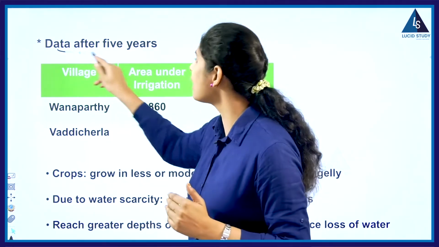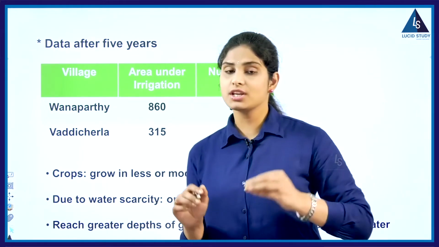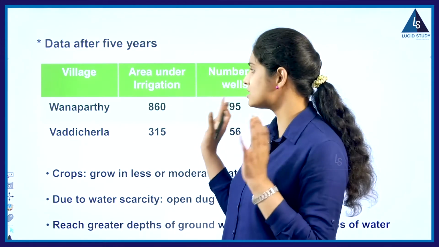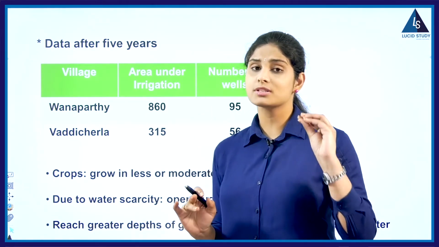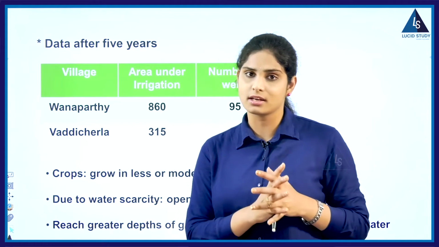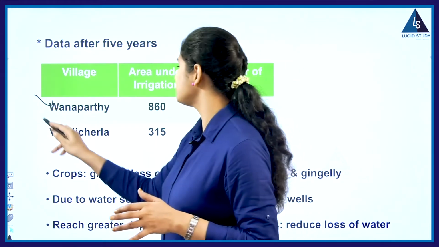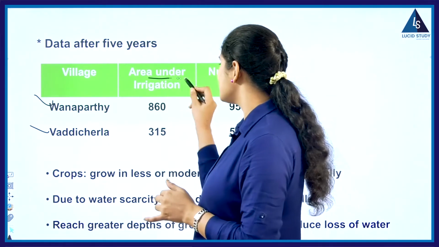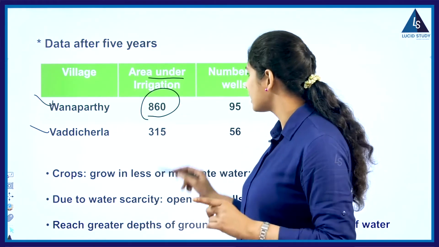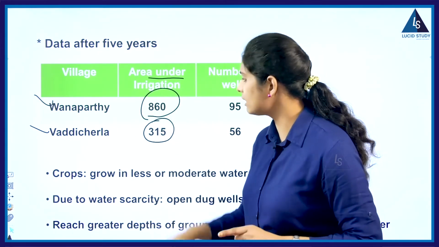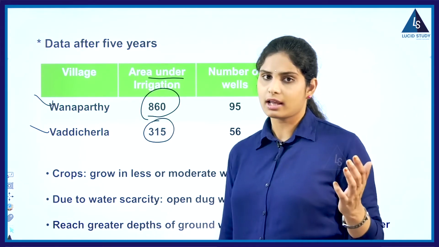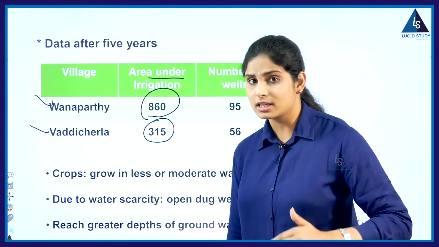Now this is a table with data after 5 years. The change in the area under irrigation and the number of wells over 5 years is presented in this table. Even due to all these consequences, the population in the villages has decreased by nearly 10%. The area under irrigation in Vanaparti is now 860 acres, which was 1,000 acres before. The area under irrigation in Vadicherla has decreased to 315, which was about 450. So it is getting reduced day by day.